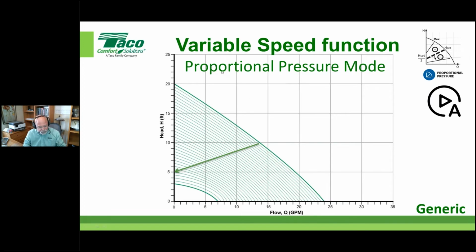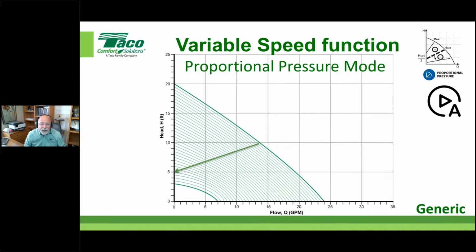Now, this is where the proportional statement comes from, because the manufacturer like Taco will set a proportional algorithm within the control to say, when you slow down, thou shalt slow down at a particular proportion or a ratio of what it was at maximum speed.